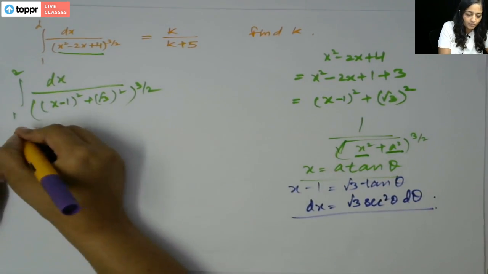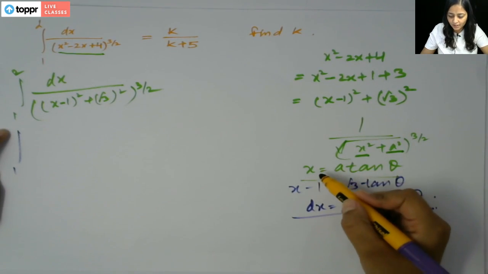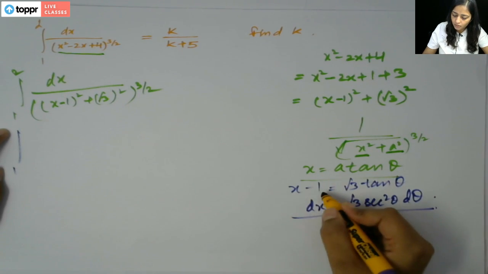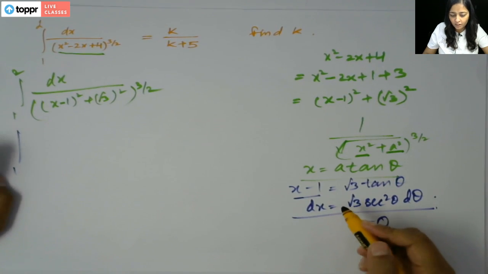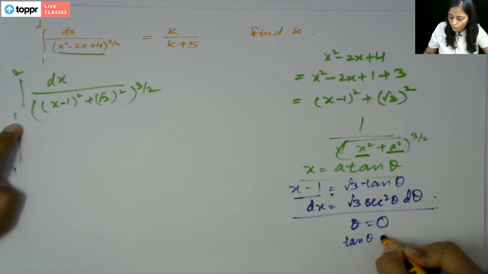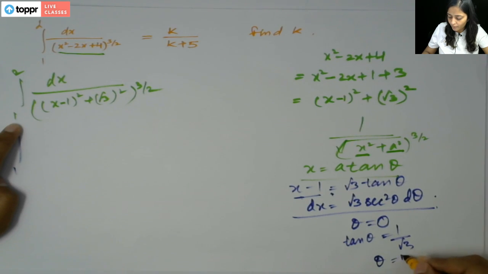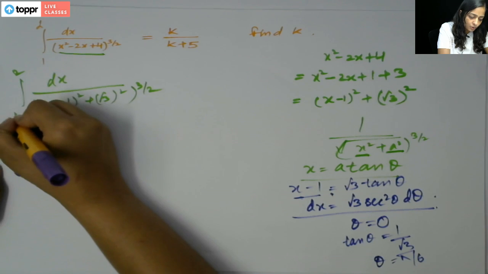The limits would also change. Since x is equal to 1, tan theta is equal to 0, and if we put x equal to 2, we get tan theta equal to 1 by root 3, which implies theta is equal to pi by 6. So your limits of integration is from 0 to pi by 6.